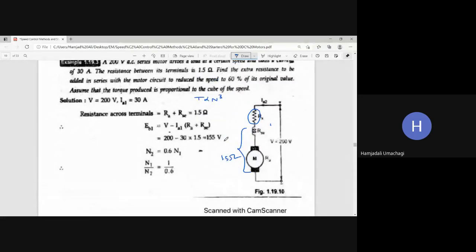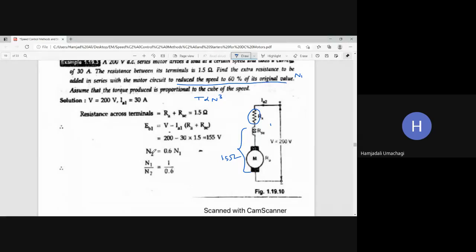Now comes the second speed. The initial speed is N1, and the second speed is N2. As per the given condition, N2 is 60% of N1, reduced to 60% of the original value.